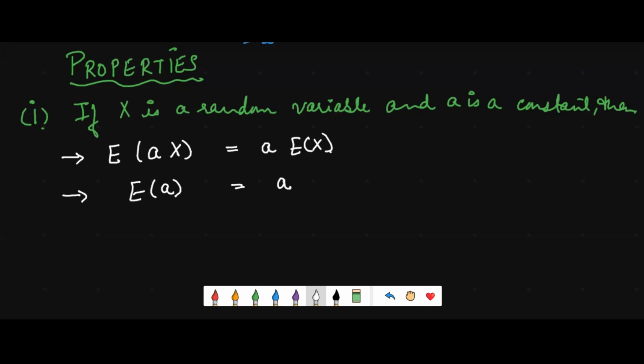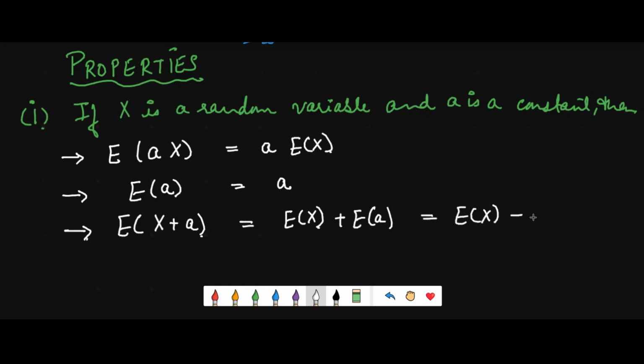Now, if we have, for example, E of X plus A, then this would be E of X plus E of A. So we are just left with E of X plus A. So this is our first property in which we are talking about a random variable and only a constant.